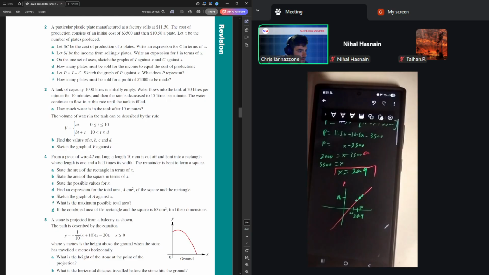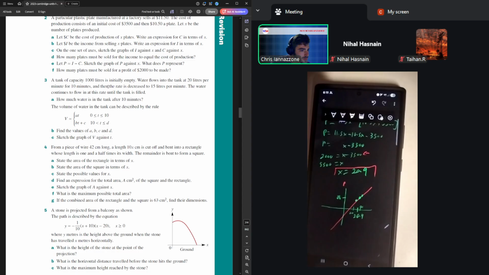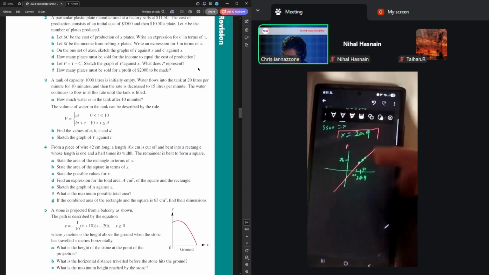Okay. Is this going to be any interesting? Part 3. Tank has capacity, water flows, rate. Yeah, maybe actually, because you've got to really keep track of what the units are in this one. So let's see.